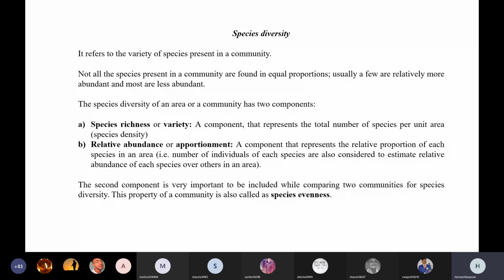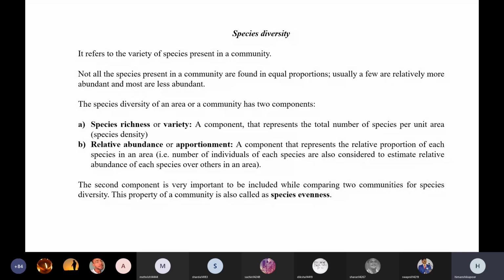Second parameter is the abundance of species. What do you understand by the term abundance? How many individuals of that species are present? Supposedly the variety of species is 5: we have tomato, potato, brinjal, sunflower and corn.